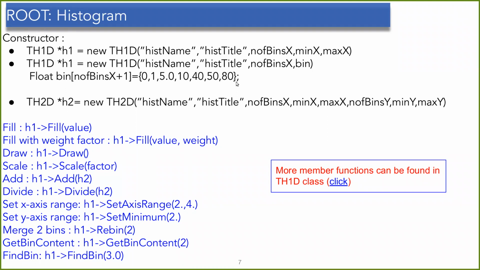ROOT also allows us to define higher dimensional histograms like TH2D, which is the two-dimensional histogram, and TH3D, which is the three-dimensional histogram.